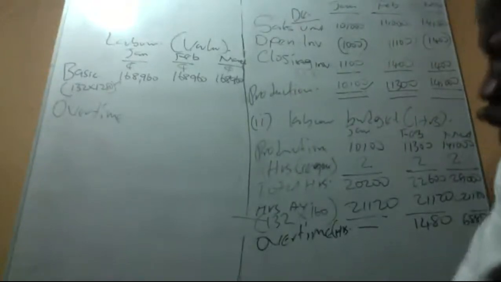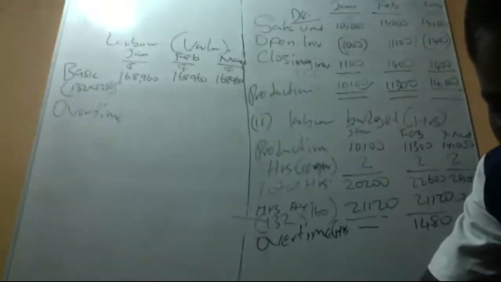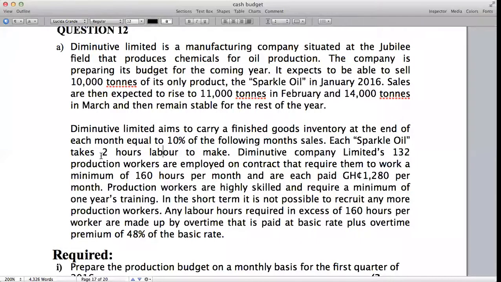Okay, now let's go to the overtime premium. You have to tell us how we should calculate overtime premium, and then we are done. So take notes. Now it says that any labor hours required in excess of 160 hours per worker are made up by overtime that is paid at basic rate plus overtime premium of what? 48% of the basic.